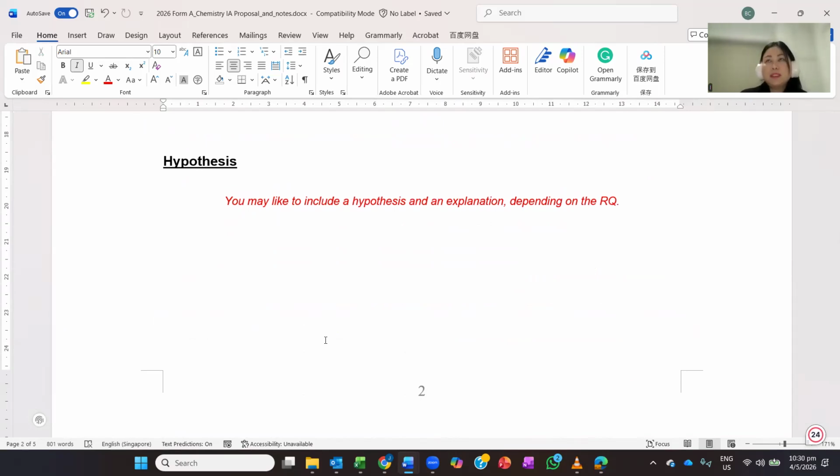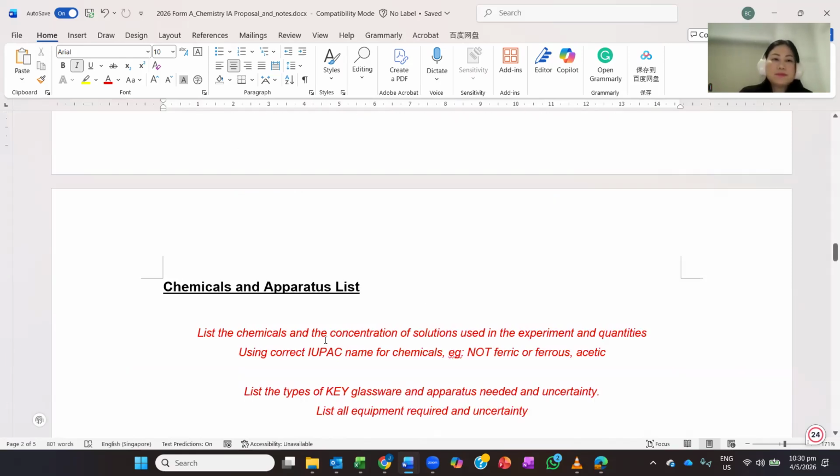If you include a hypothesis, you must give me a sound, logical, scientific reason, just a few short lines of scientific reasons to support. So you say, oh, I think the activation energy will decrease because as more catalyst is added, and so on. So you need to have some logic behind your hypothesis.